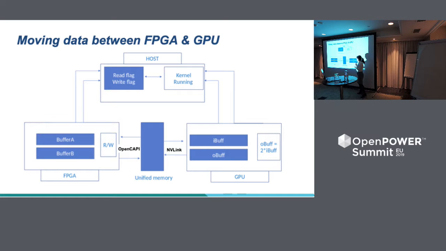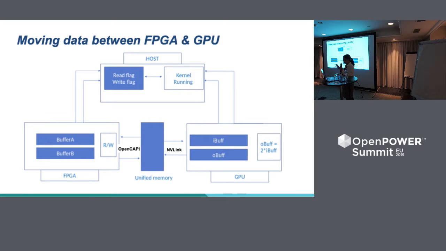And another story is that when we ask CUDA to allocate some memory in the GPU device memory, it also has a pointer, right? And you tell the pointer to the FPGA, and the FPGA can directly go to the GPU device memory. So this scenario can work for some AI acceleration when the GPU is doing some training work, but it also needs some helper to reformat or manipulate the data.